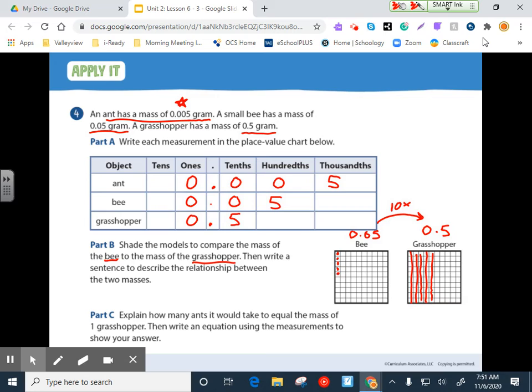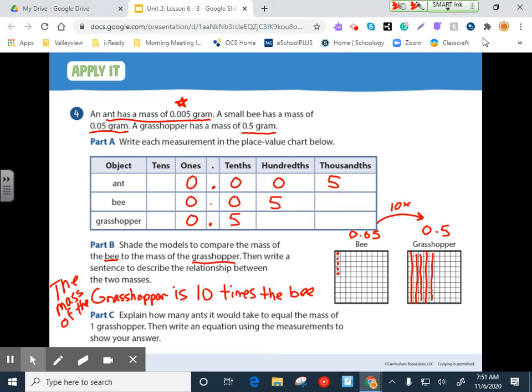So the mass of the grasshopper is 10 times the bee. Or you could say it the other way around. You can see the mass of the bee is 1/10 of the grasshopper. They can go either way. They can flip either way.